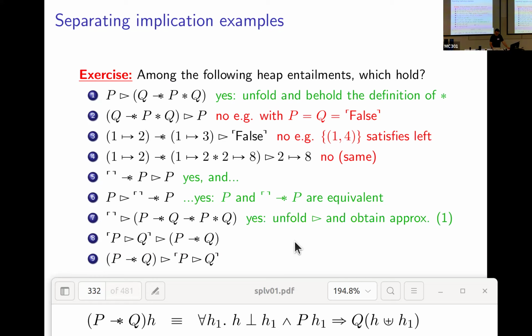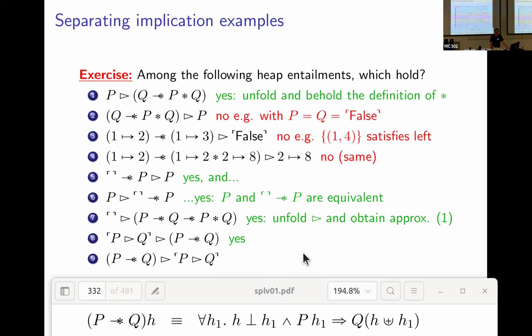What about 8? Yeah. So this is a pure fact, so you can put it in those little corners. Yes. What about 9? Also yes.